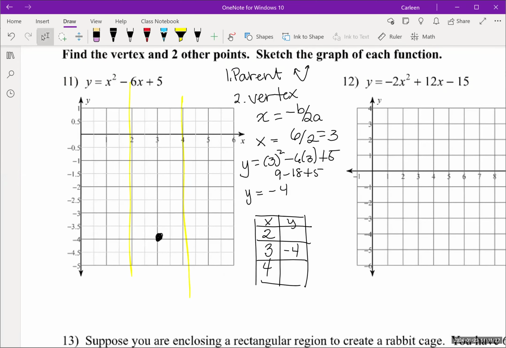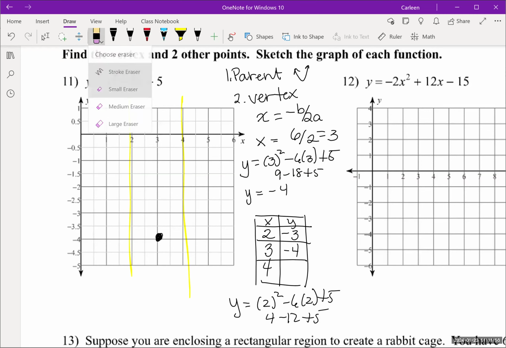So we're going to plug in 2 squared minus 6 times 2 plus 5. 4 minus 12 plus 5 is -3. Okay, now let's do it again with +4.